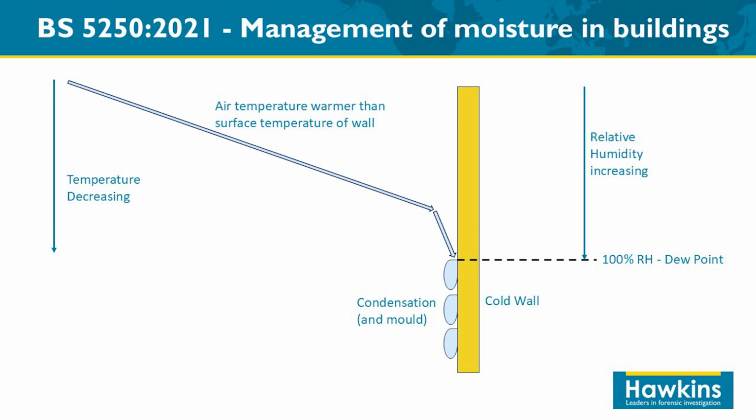If it goes up high enough to 100% relative humidity, so it can't hold any more moisture, you then get to the point known as the dew point, where there's condensation, and that's why we get this moisture on the surface of the wall. If that moisture stays around, it doesn't dry off, we then have condensate, we then have mould.